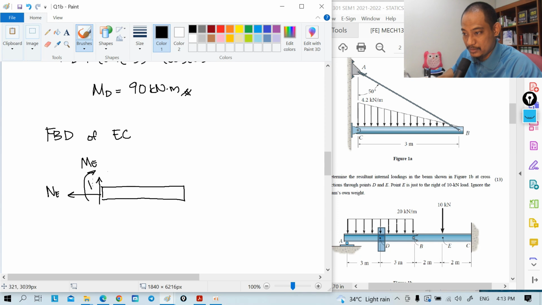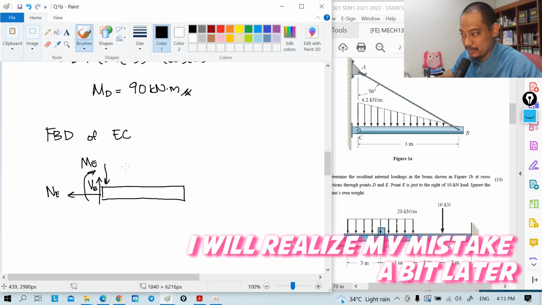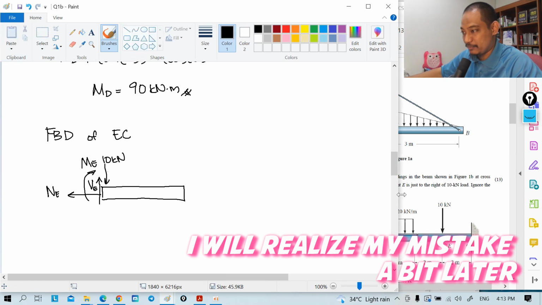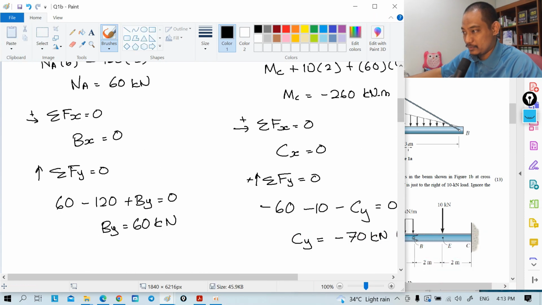This is VE, and I have just there at that point also 10 kilonewton. All the support reactions are already found above.